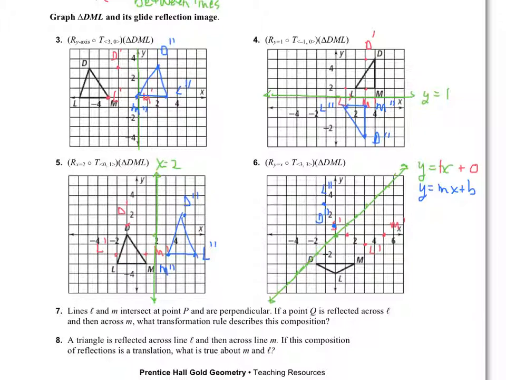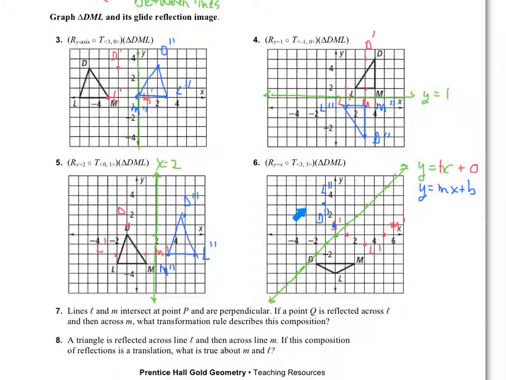An easier way might be to look at how L is in comparison to M. So my M is going to be down here, so it needs to be below my L because this is getting reflected. So think of it this way: your M prime is up 1 to the right 2.